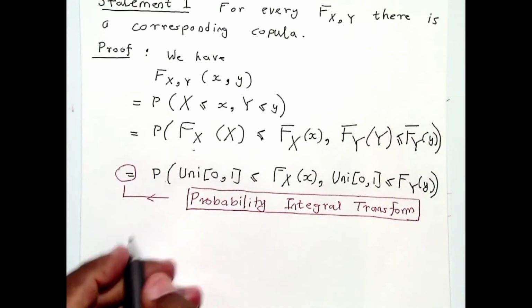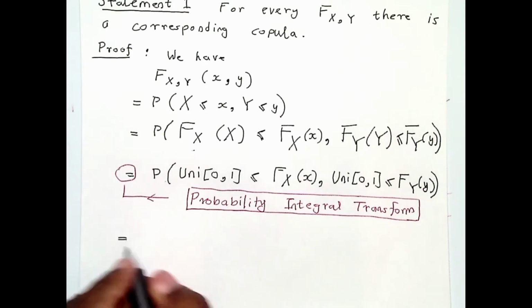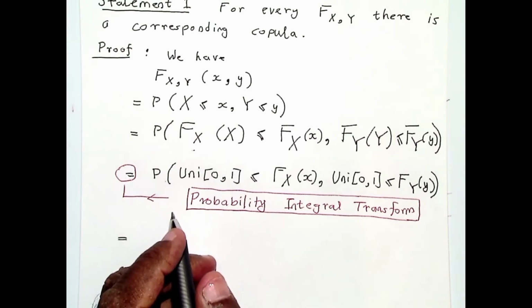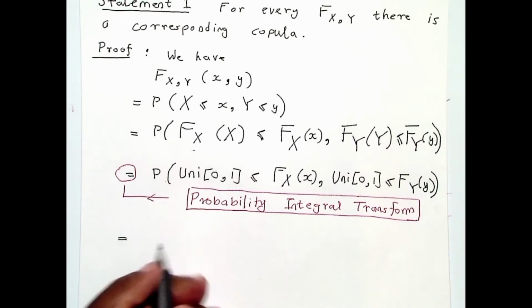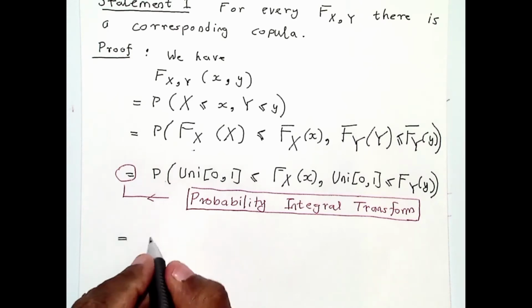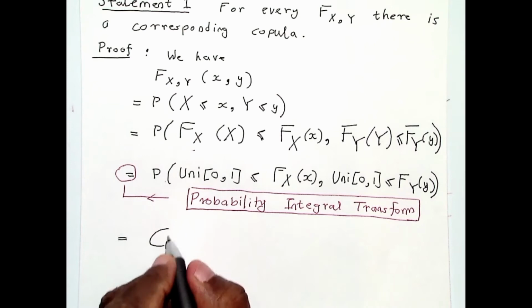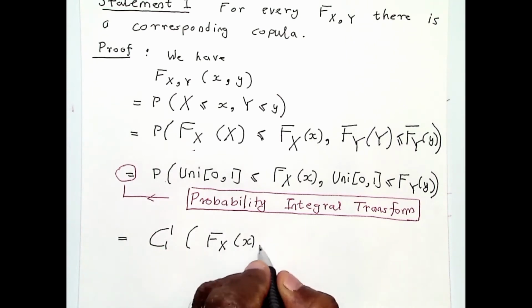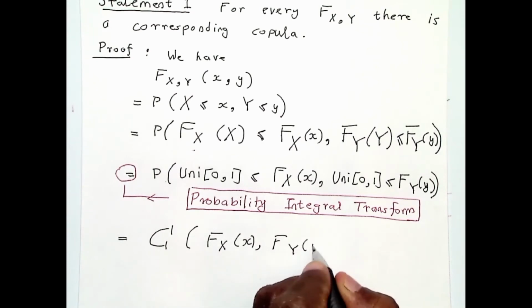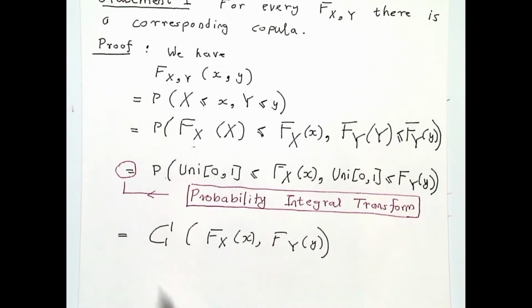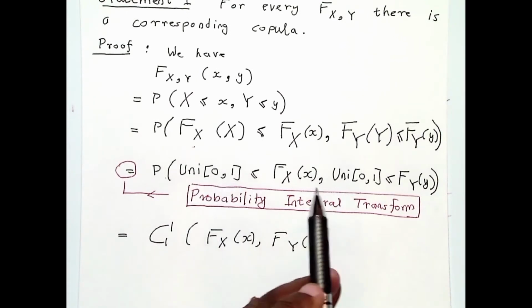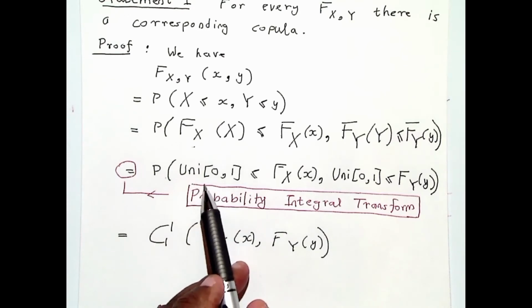Now, because I said a minute ago that the copula has marginal distributions equal to the uniform distribution, we can write the above as C. That's because, as I said a minute ago, a copula is made up of two margins, and the marginals are uniformly distributed.